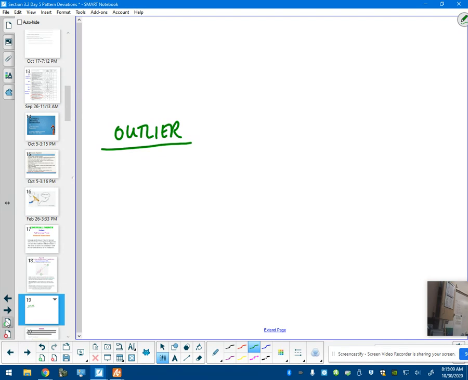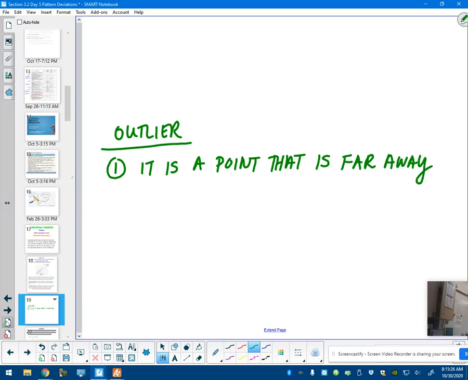Basically, to pick out an outlier, you're going to do the following. Number 1, it is a point that is far away from the LSRL.